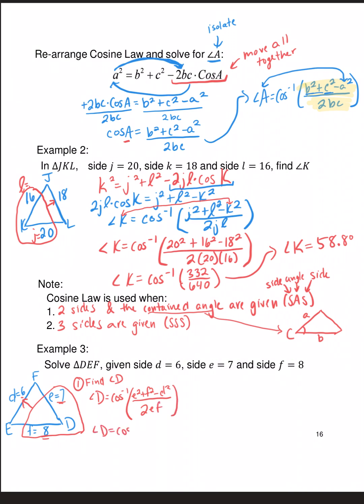So we'll plug in the values we have. E is 7, F is 8, and D is 6, all over 2 times 7 times 8.